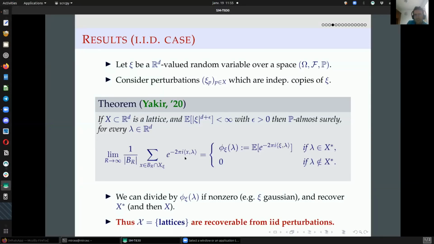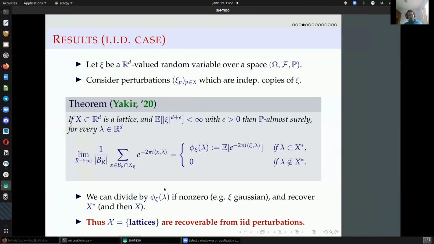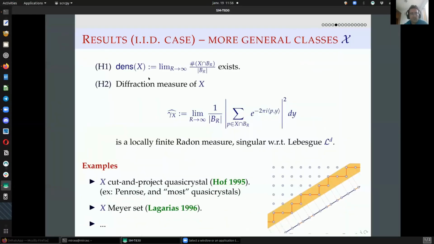And so we tried to extend this proof and to get some extensions of this result. The kind of extension that we get is for sets of this type that satisfy some hypotheses. What we are looking at is sets X. Always imagine that these sets are in R^d.